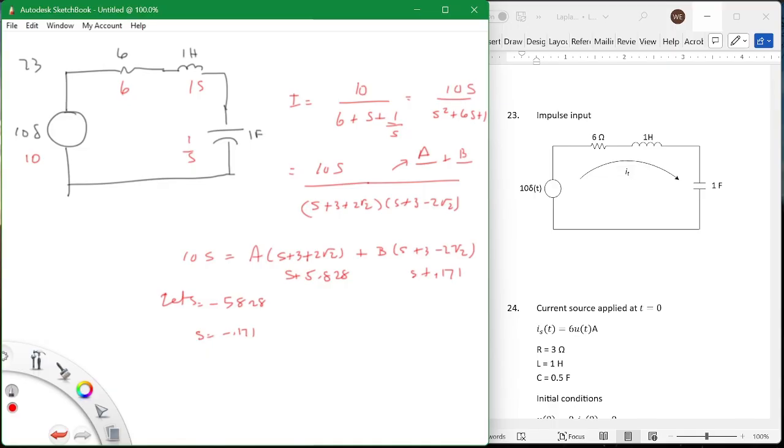Do it like this. Okay, so now I've got 10s is equal to A times (s plus 5.828) plus B times (s plus 0.171). And I say, let s equal minus that. This term drops out.